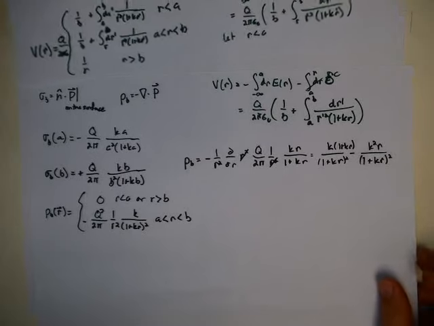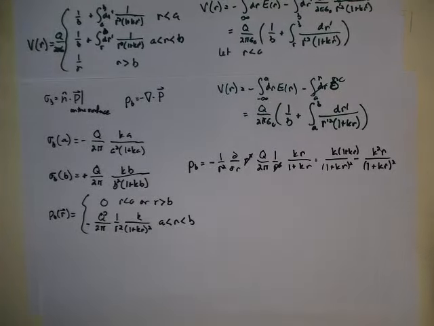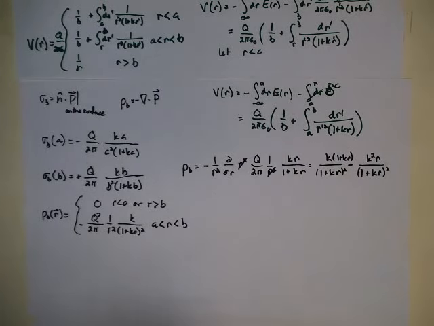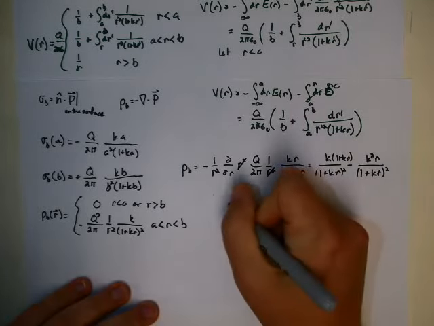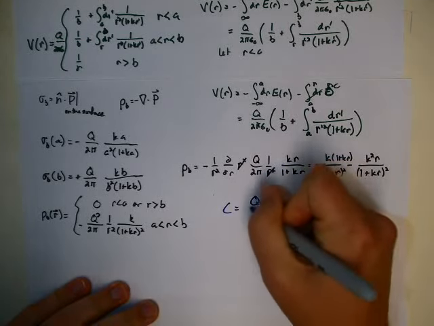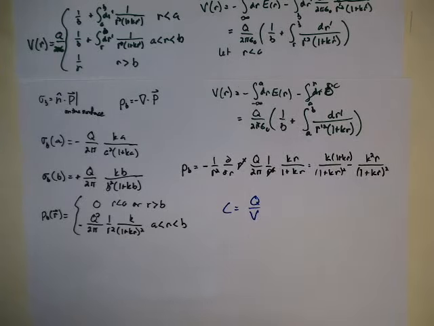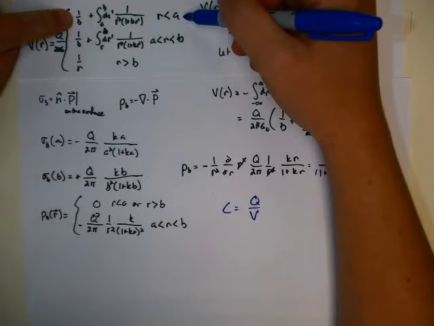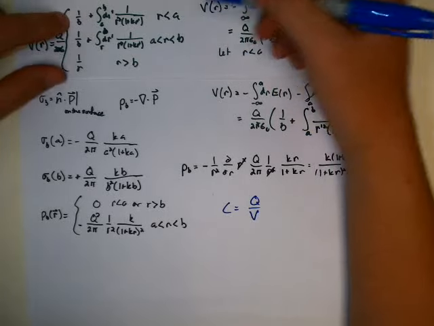And now the final thing that we're expected to find, right, is the capacitance. And the capacitance is just defined as the charge over the voltage for the system. Well, we have the voltage for the system at the conductor. That's this expression right up here.